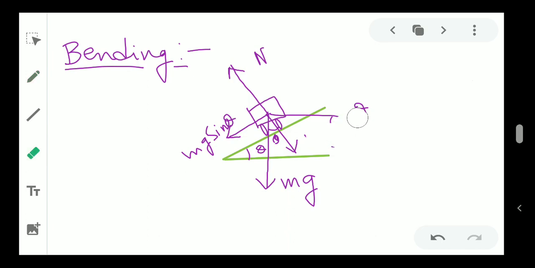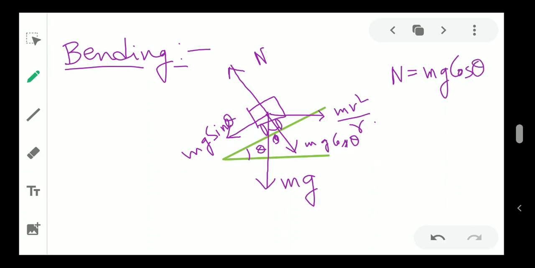Let me clear it out a bit. So in this direction will be mv square by r, and this one will be my mg cos theta as usual. So in this case my normal reaction will be mg cos theta.